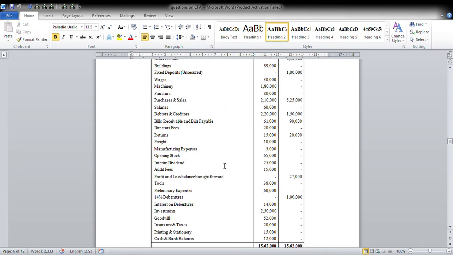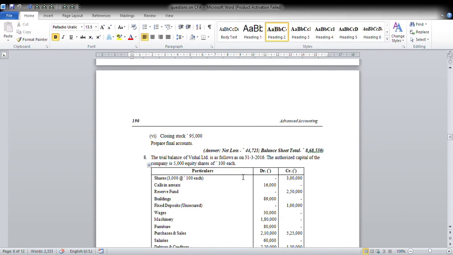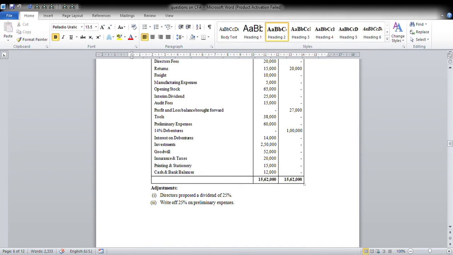So the balance of the profit which has been brought forward from the last year is 27,000. So I'm going to write down this amount as 27,000. Then followed by the profit for the current year.